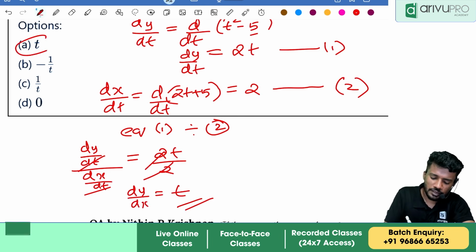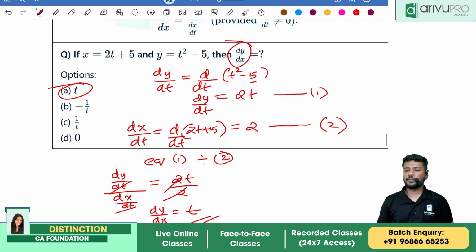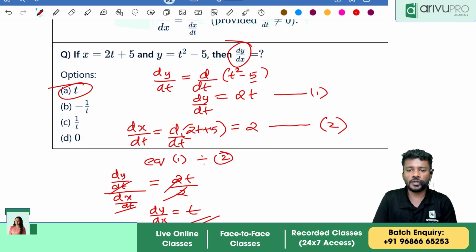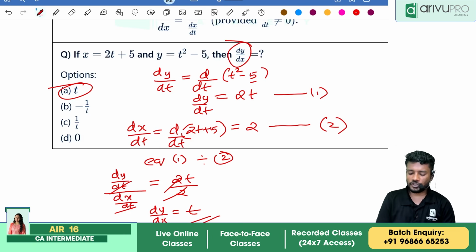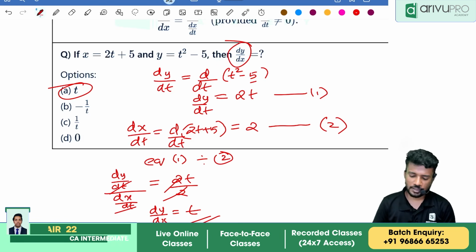Answer is what? The t. Option A is your answer. So people, remember the steps. Always remember, find dy by dt, then find dx by dt, then take their ratio, then dt cancel off. What is remaining? Dy by dx is remaining, which is equal to this much. Got it? Everyone understood? Yes.